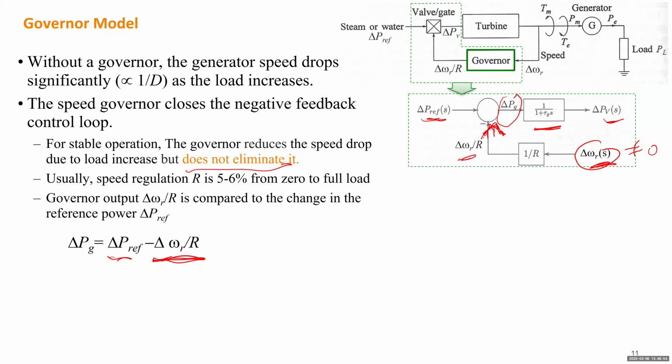But later, if you want to increase this value, the delta P ref will be positive, or if you want to decrease, it will be negative. So the feedback and the change on the setting point together will determine how much you want to change the opening on the valve and turbine.